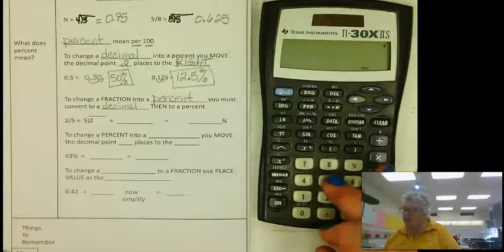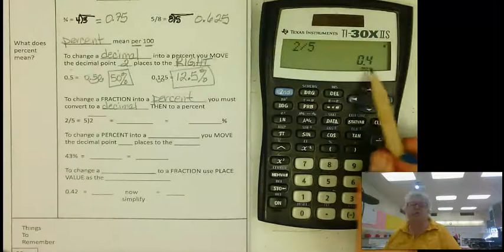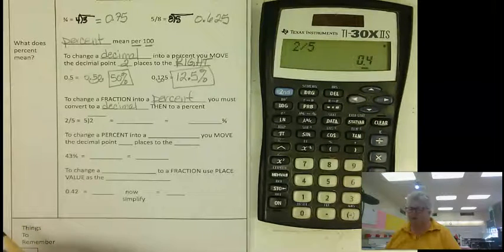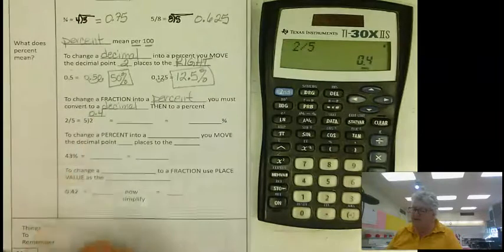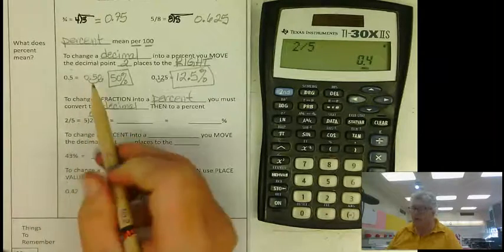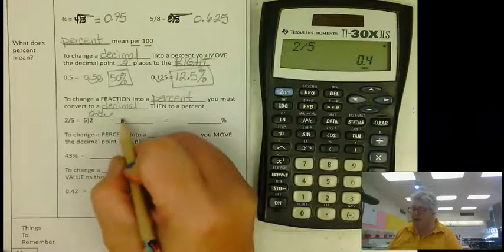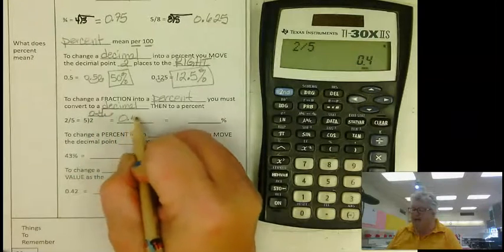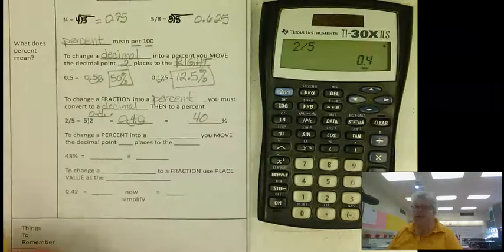All right. 2 divided by 5 equals, there we go. Now we have 0.4. That's the right answer. So if I've got 0.4 up here, we remember, all we have to do is move that decimal 1, 2 places. So that equals 40%. See? Totally easy. So easy.